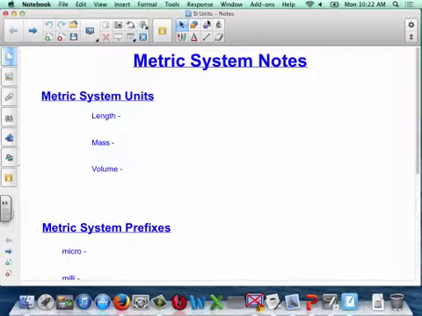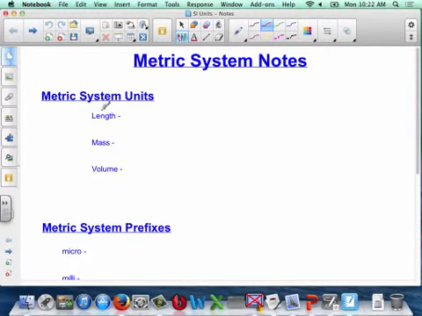What's the unit that we use to measure length? Inches? No, not in science. That's what we would use in the English units. But what's our metric unit? Yes, the meter. Thank you, Cameron. I'm glad somebody out there is paying attention. Okay, so our basic unit for length is called the meter.